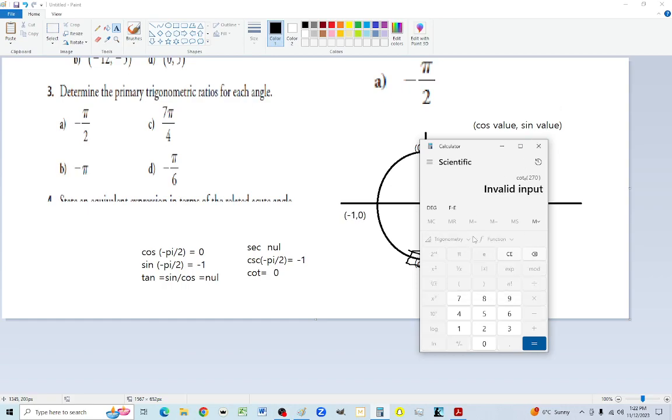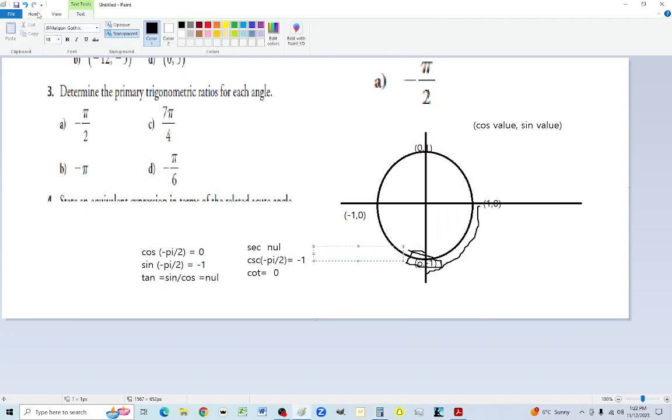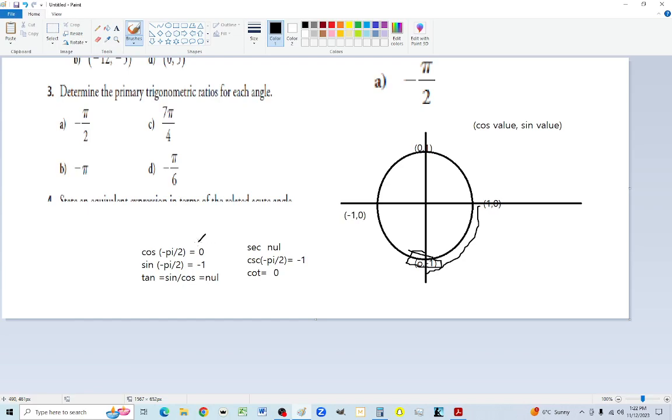And cotangent should be 0. Oh, hang on. Cotangent is saying no value. Let's go back to tangent of 270. Invalid input. That's interesting to me because cotangent should be the same as cos over sine, and cos over sine should be 0.